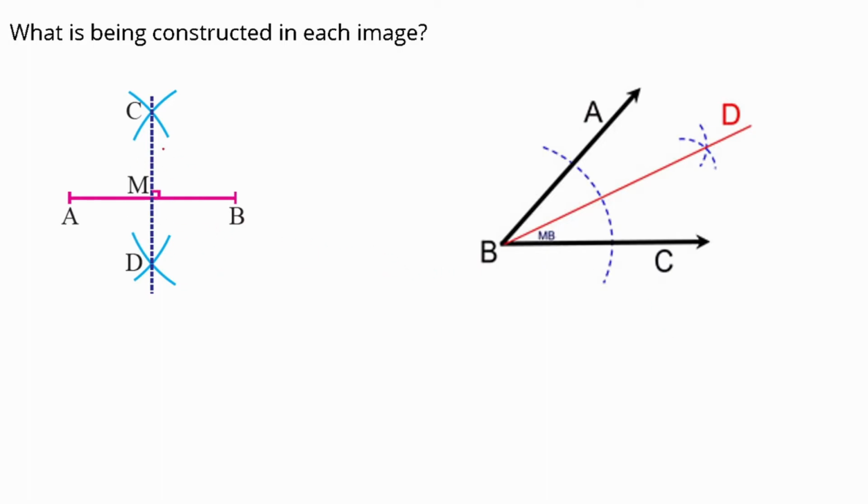Well, in my first one, this construction is cutting the line segment AB in half, and it's giving me a perpendicular line. So what we could say is this is a perpendicular bisector.